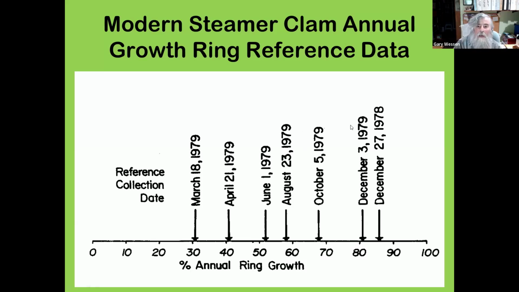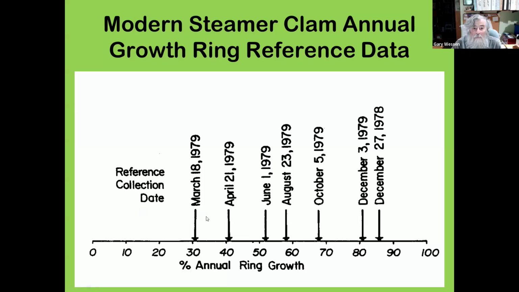And basically, it's not super high resolution, but I took the position that, looking at this range for my modern sample, I'm going to say that 0 through 40% represents late winter and early spring.